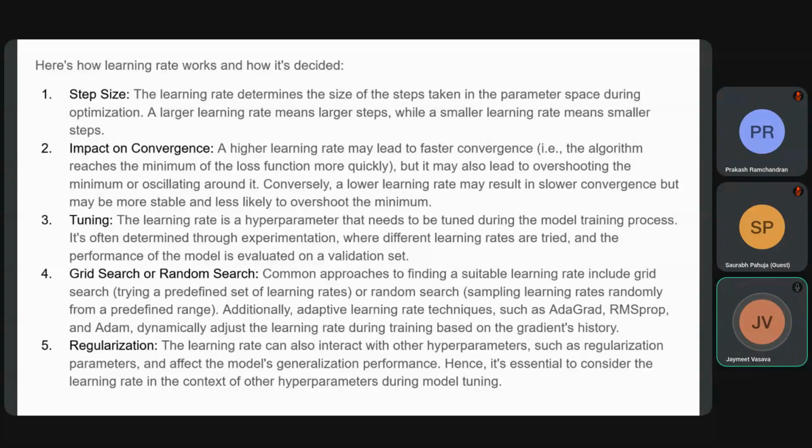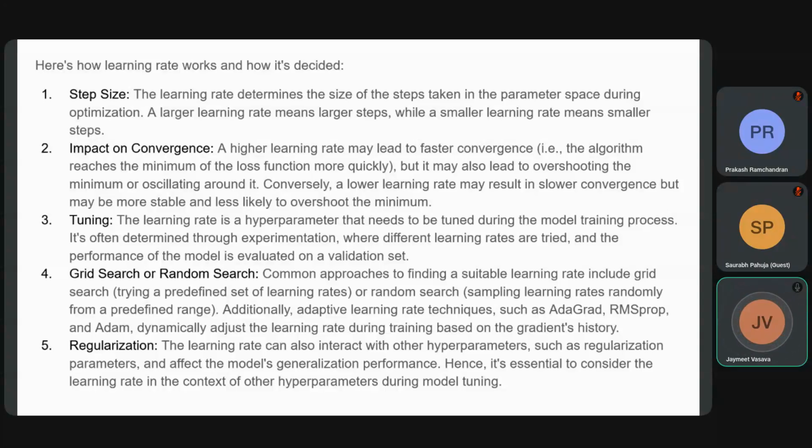As I said, learning rate defines the pace of learning the dataset by the model. So the learning rate determines the size of the steps taken in the parameter space during optimization. A larger learning rate means larger steps, while a smaller learning rate means smaller steps.